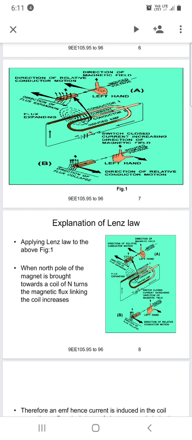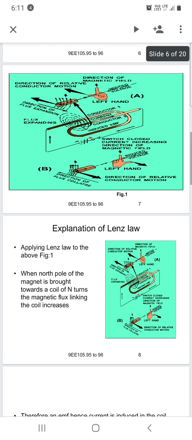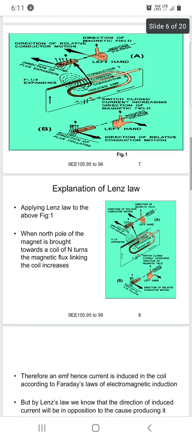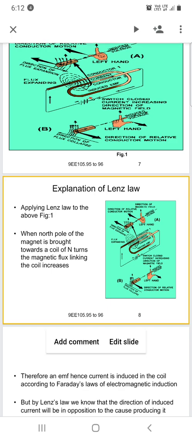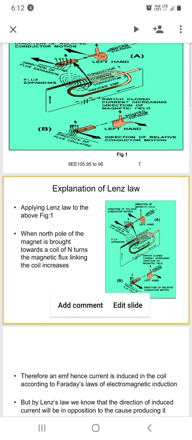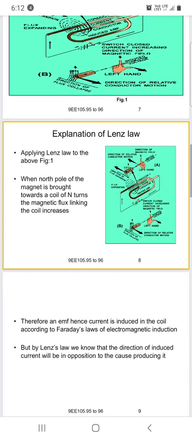When the switch is closed, current flows from the battery through the conductor. Then the induced EMF is produced in that conductor coil. This EMF causes motion of the electrons, which opposes the flow of the source current. So this is the Lenz's law explanation.